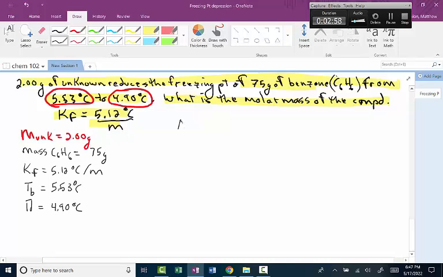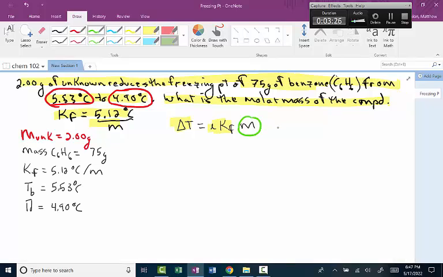The plan here is to use the freezing point depression equation, delta T equals i Kf times the molality. I'm going to use delta T and Kf and i to calculate the molality. That's what I'm after. And from molality, I can get moles because it has units of moles per kilogram.